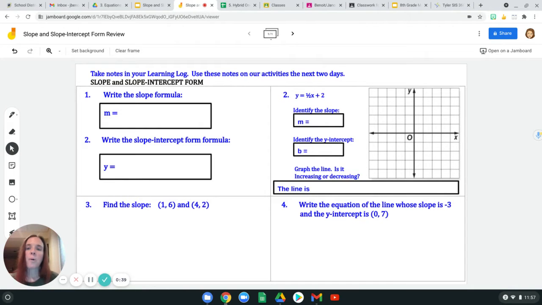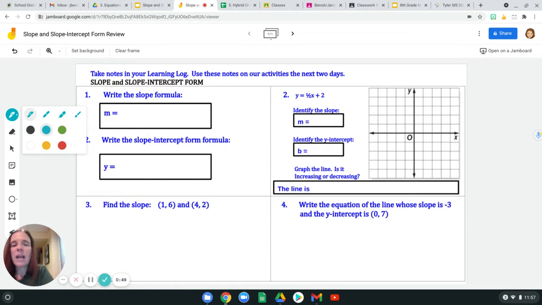Okay, so the slope formula, look for it in your notes. And when you find it, you're going to write it on your new note page here. The slope formula, remember, is taking the two ordered pairs and taking the two y coordinates and subtracting them over the two x coordinates and subtracting them.